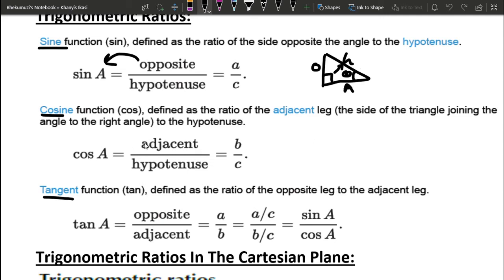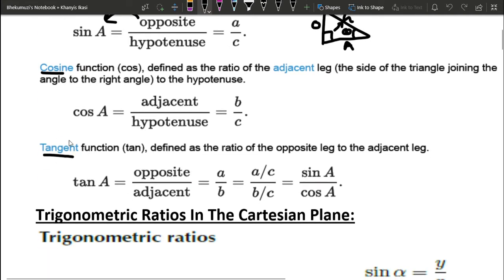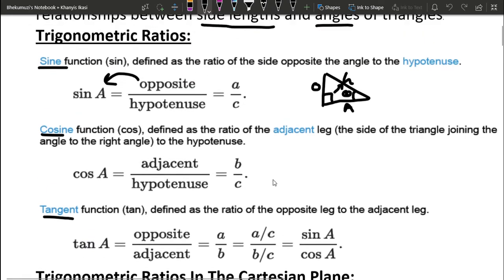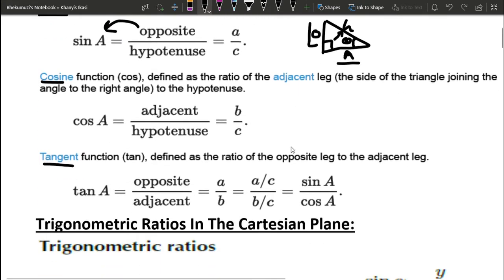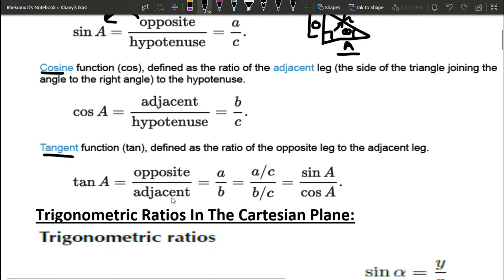So the adjacent side divided by the hypotenuse gives us the cosine function. And then we have the last one, the tangent function, which is the opposite side divided by the adjacent side, and that gives us tan A.